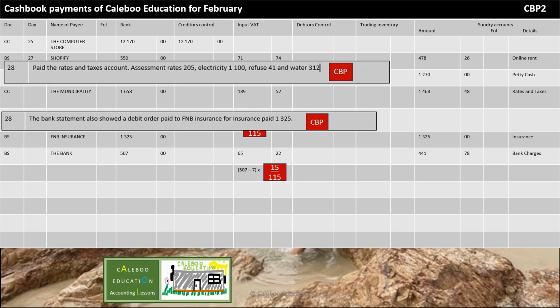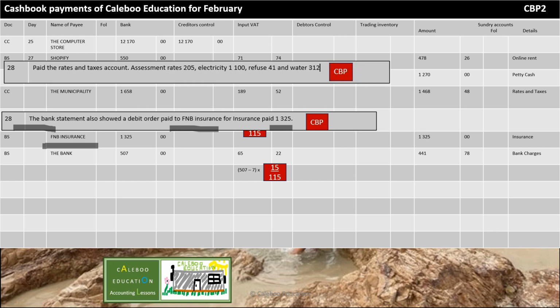Next transaction. The bank statement also showed a debit order to pay F&B insurance for insurance 1325. Now insurance is exempt from VAT. So it's F&B insurance.